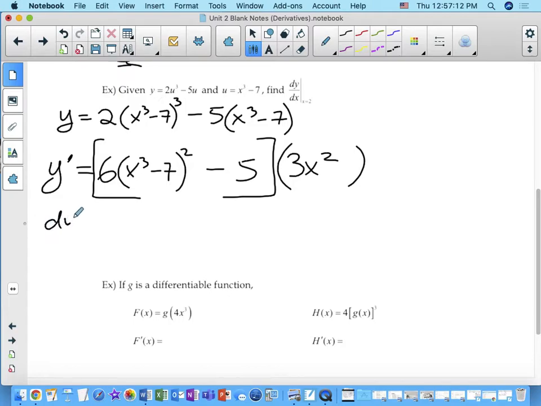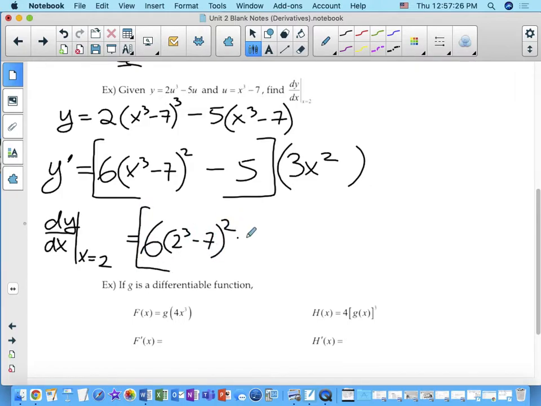So dy by dx when x equals 2 is going to be 6 times 2 cubed minus 7 squared minus 5 times 3 times 2 squared. It's a bunch of math, but we can handle that.